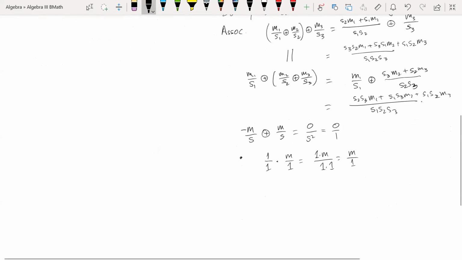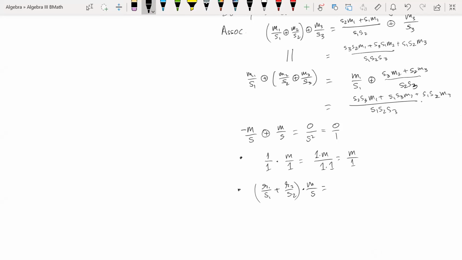And so you have to check R over S plus R1 over S1 plus R2 over S2 times M over S. The scalar multiplication via sigma is this one.